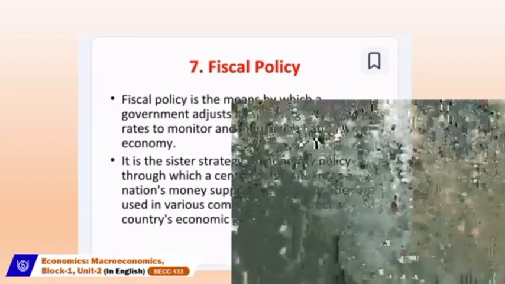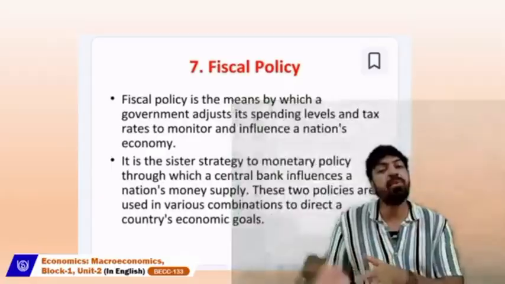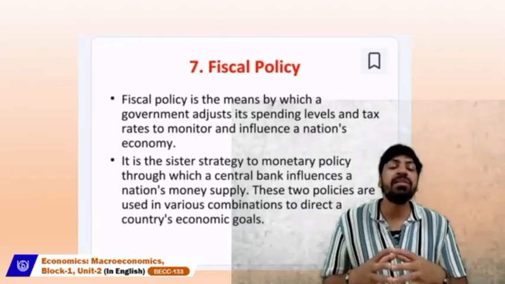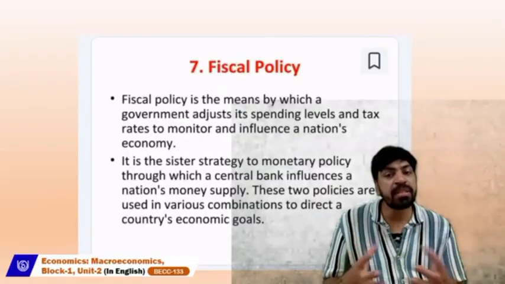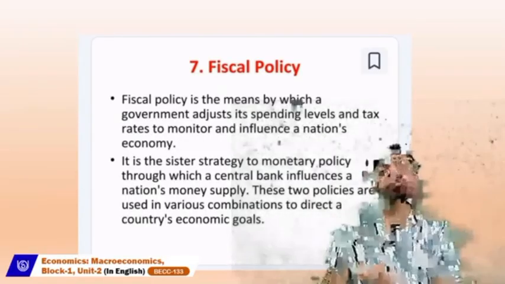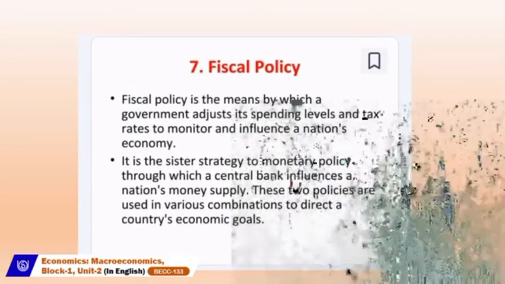Ultimately, the government has a major role in adjusting its own spending level and the taxation rates, so that the monitoring process and the influence on the national economy work simultaneously.